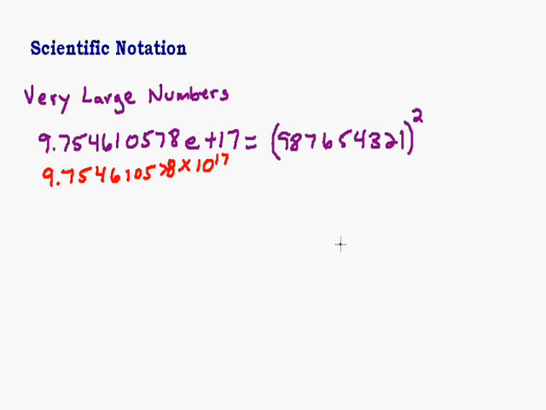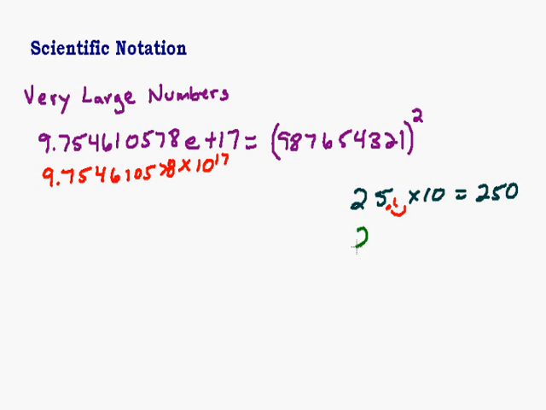Let's digress for a second and think about if I take 25 times 10. That's 250. My decimal in the number 25 is not written, but it's right here. When I multiply by 10, my decimal moves over 1. I have to add a 0, and I end up with 250.